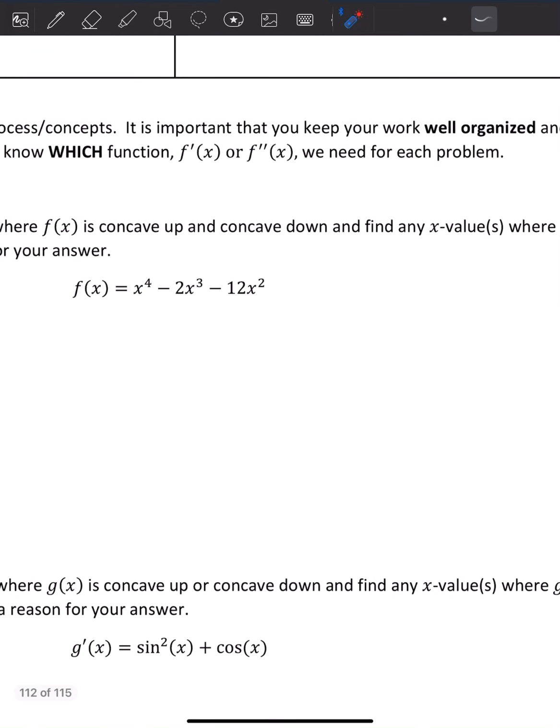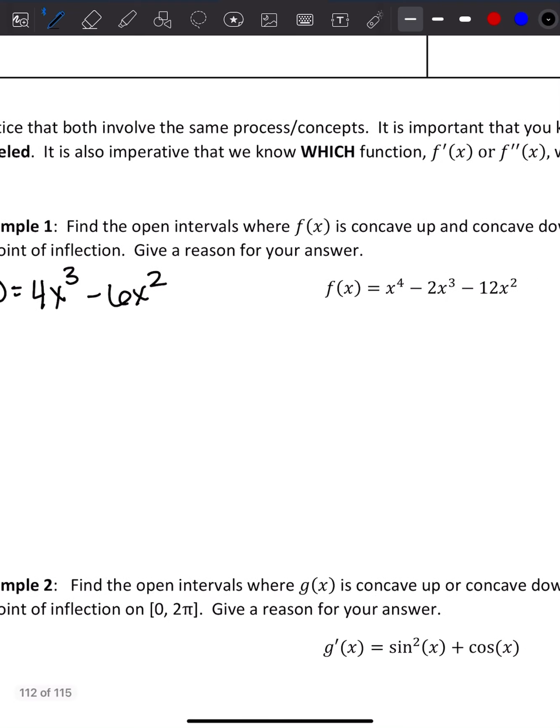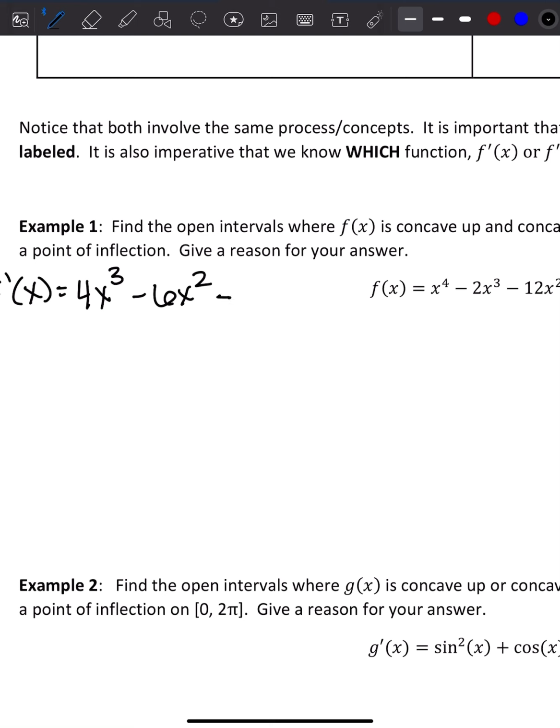So this right here is f of x. In order to find concavity, we need to look for those possible points of inflection, and that means we need to find the second derivative. So we're going to go ahead and find the first derivative. f prime of x equals 4x cubed minus 6x squared minus 24x.